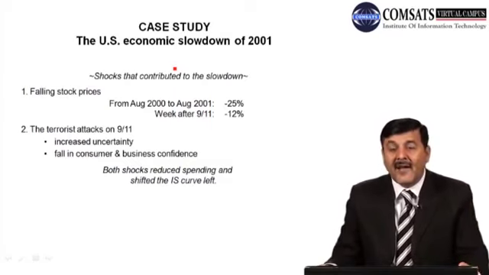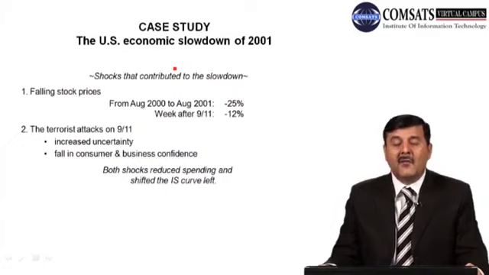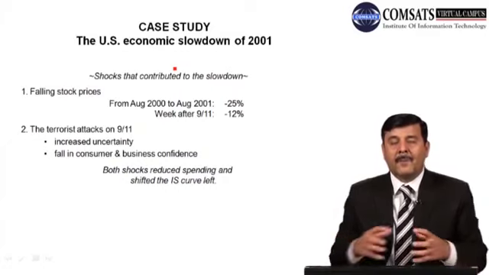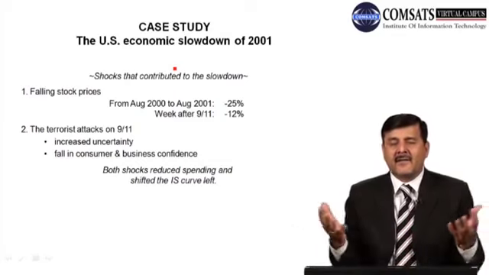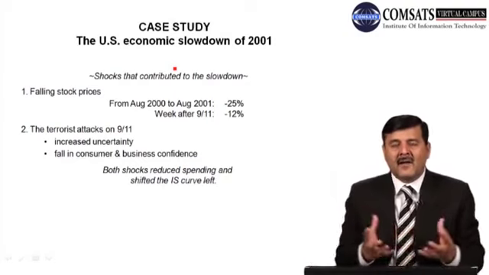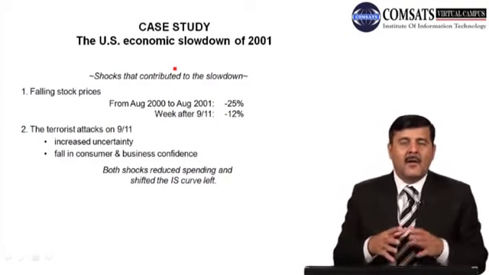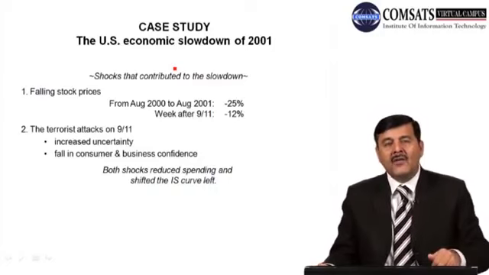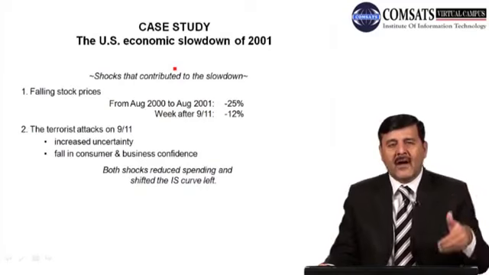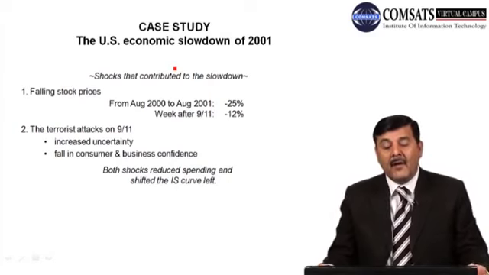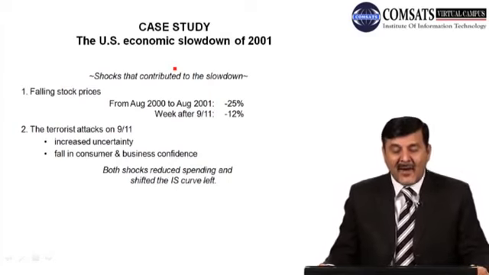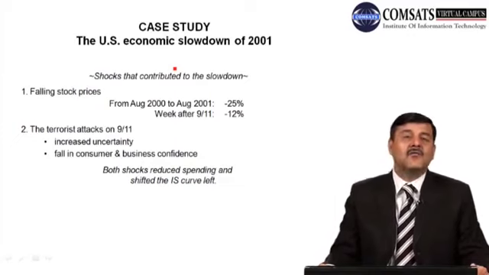Number two, the terrorist attacks on 9/11. This increased uncertainty and caused a fall in consumer and business confidence. When the 9/11 attack happened, uncertainty increased, and investor and consumer confidence in the economy was shaken, right? Both of these shocks, first the fall in stock prices, and second the uncertainty and fall in confidence, reduced spending and shifted the IS curve to the left.